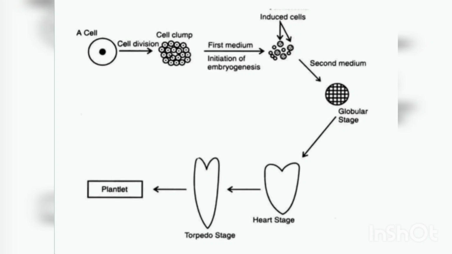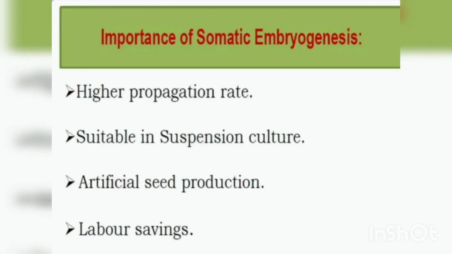So we can see the globular stage of embryo, the heart shaped stage of embryo, then the torpedo stage of embryo, and from the torpedo stage a plantlet is formed. Okay, it develops into a normal plantlet.